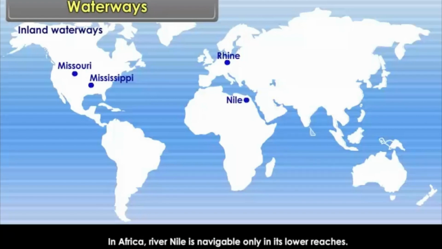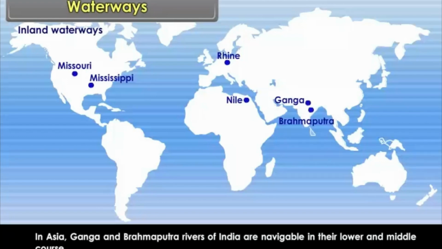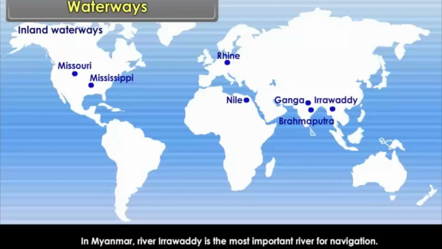In Africa, River Nile is navigable only in its lower reaches. In Asia, Ganga and Brahmaputra rivers of India are navigable in their lower and middle course. In Myanmar, River Irrawaddy is the most important river for navigation.